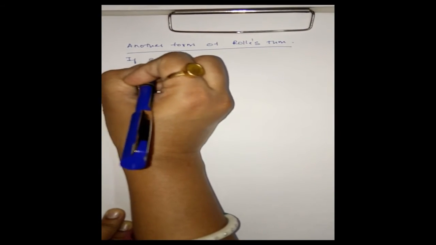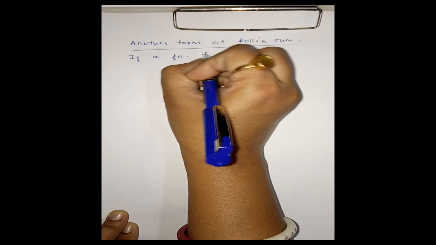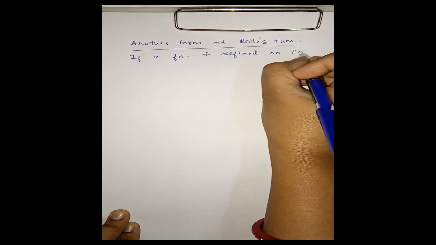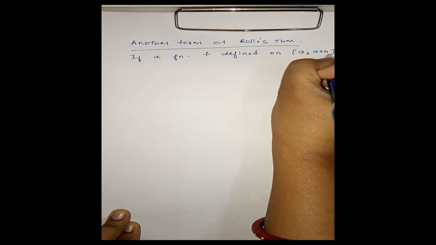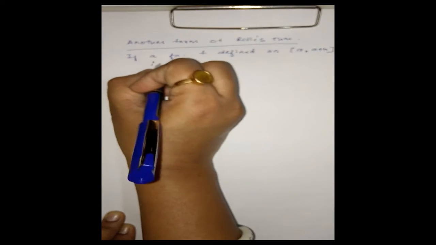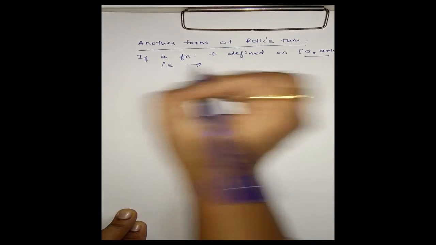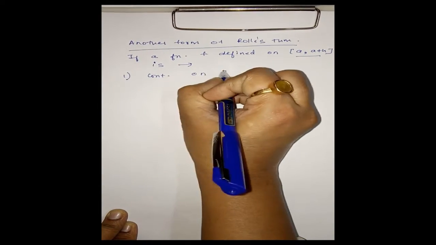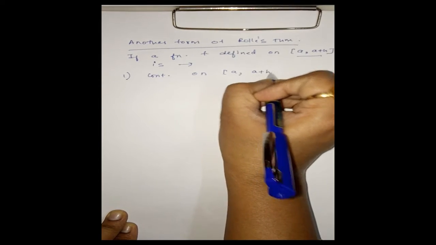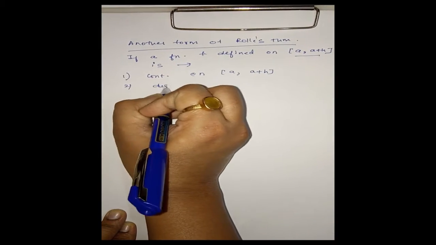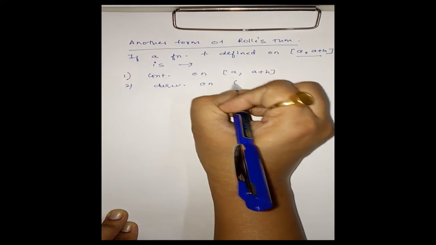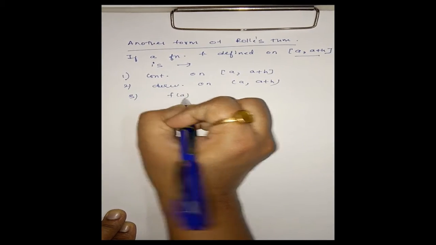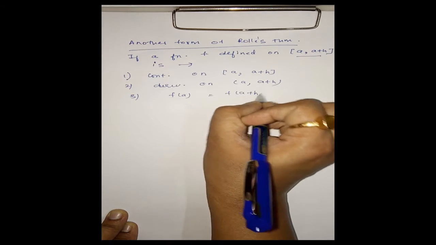If a function f is defined on [a, a plus h], here we are taking the interval as a to a plus h. First, f is continuous on the closed interval [a, a plus h]. Second, derivable on the open interval (a, a plus h). And third, f of a is equal to f of a plus h.